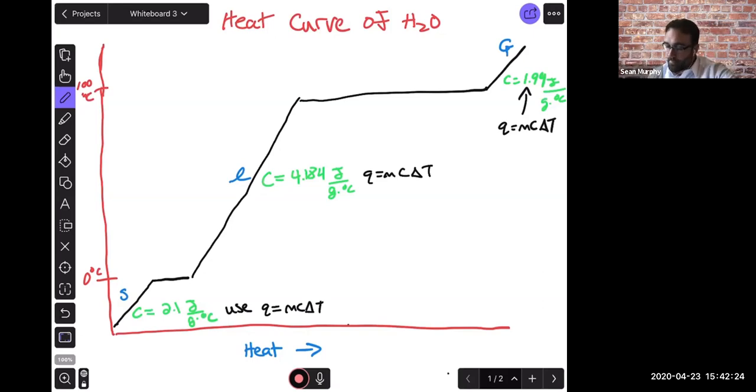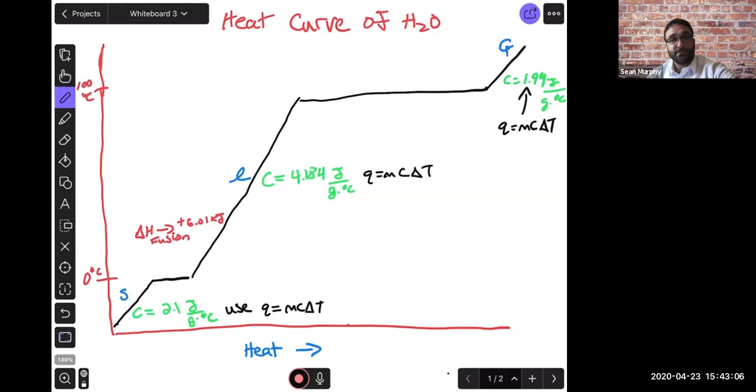When we go from left to right, we call that the delta H of fusion, which has a specific amount of heat required to go from point A to point B. That is a positive 6.01 kilojoules.